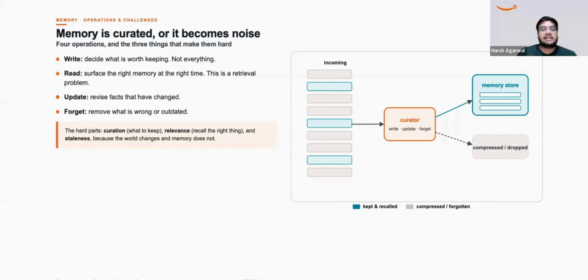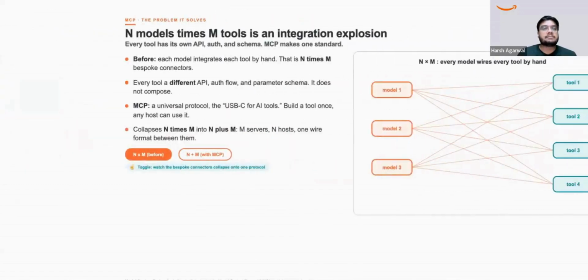The third one is staleness, which says that the world is going to change, but memory is not going to change unless you make it change. So a memory that says the user lives in Seattle, even when the user has moved, is much worse than a memory that does not have that information. These are the three caveats that I'd like to make here in this memory part of the deck.